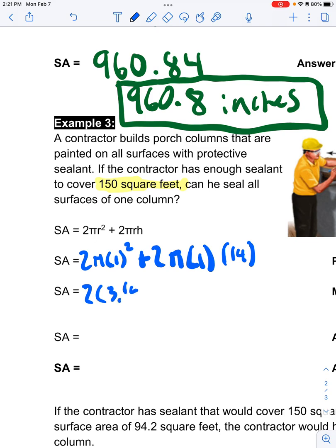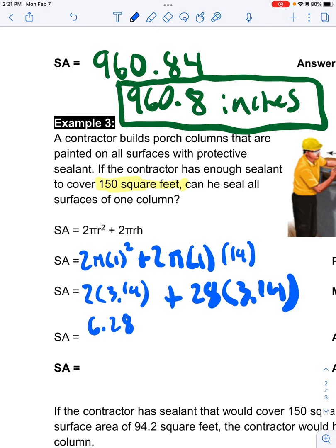1 squared is 1, so it's just going to be 2 times 3.14. 2 times 1 times 14 is 28 times 3.14. So 2 times 3.14, 6.28 plus 28 times 3.14 is 87.92.